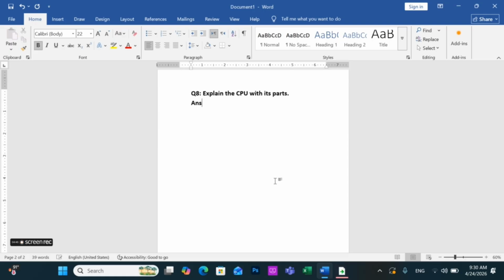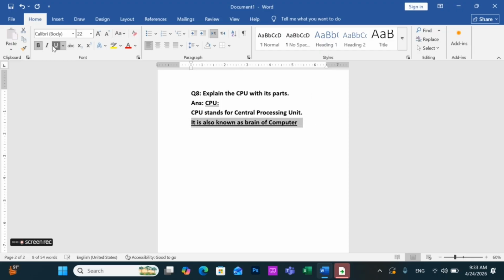Okay, so for the answer, first you have to write the full form of CPU. CPU stands for Central Processing Unit, and it is also known as the brain of the computer. Why is it known as the brain of the computer?